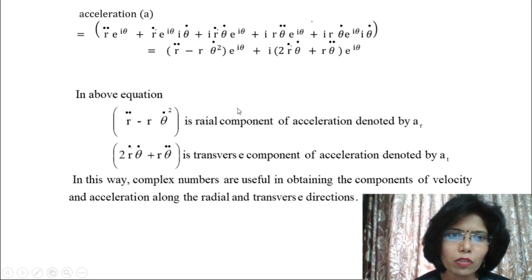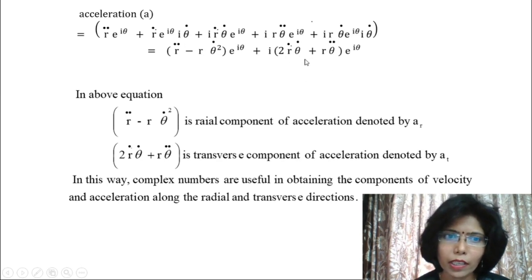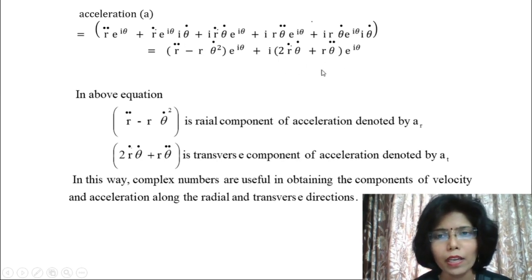Now in this expression, this term, that is r double dot minus r times theta dot square, is the radial component of acceleration denoted by ar, and this term, that is 2 r dot theta dot plus r theta double dot, is the transverse component of acceleration, which is denoted by at.